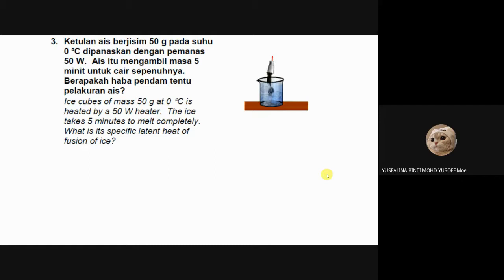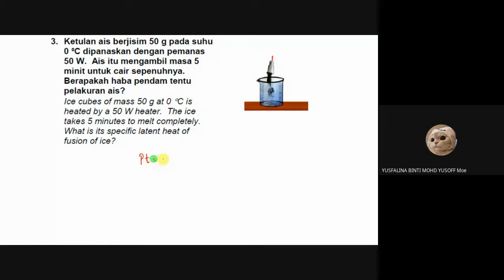For this one, what formula do we use? PT equals ml. Okay, correct.